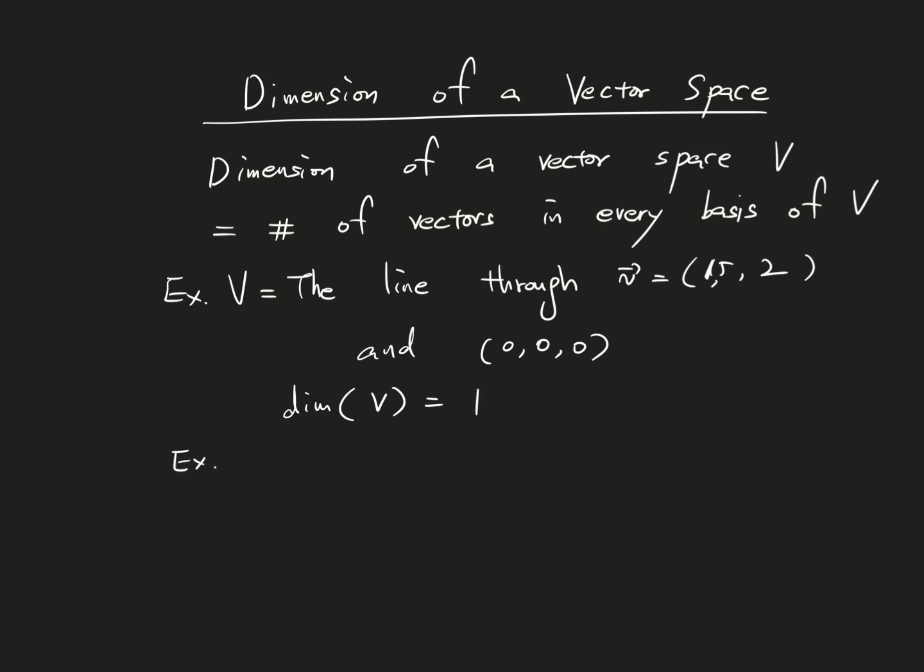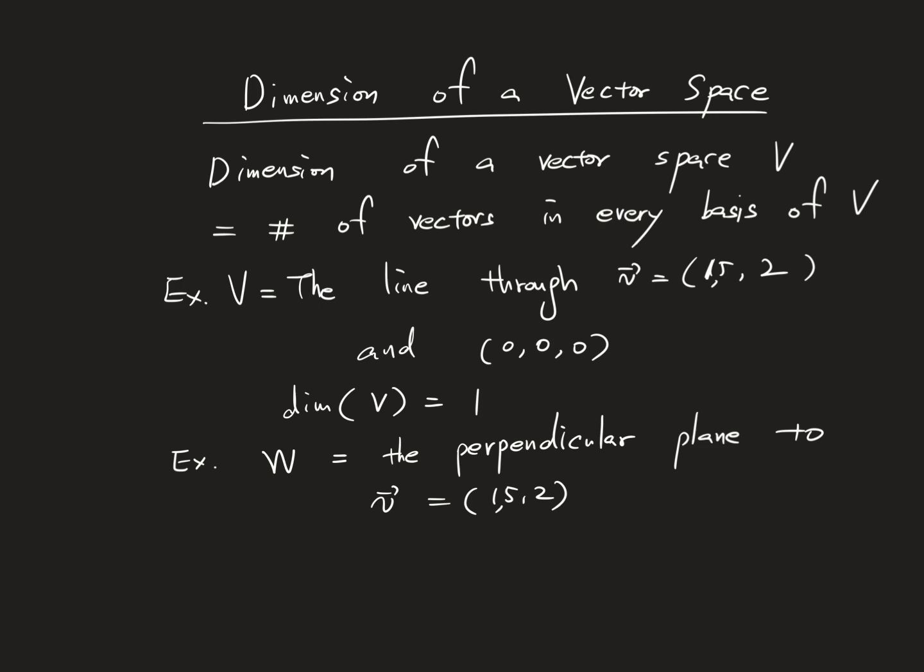And W is the plane perpendicular to the vector V, and we also assume that this plane goes through the origin (0, 0, 0).